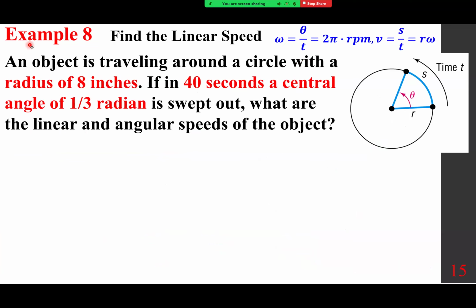Lou, would you read this, please? For sure. An object is traveling around a circle with a radius of 8 inches. If in 40 seconds a central angle of 1/3 radian is swept out, what are the linear and angular speeds of the object? Excellent. So, again, we are doing word problems. So what is given?